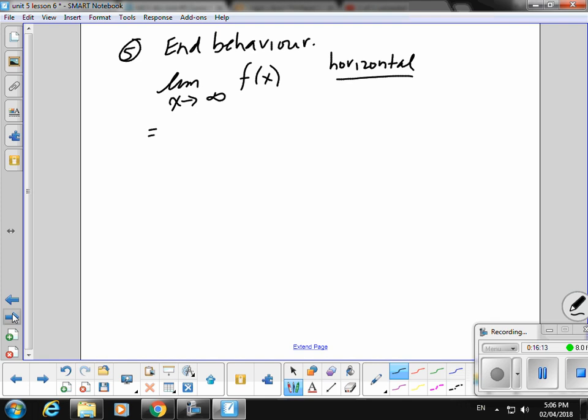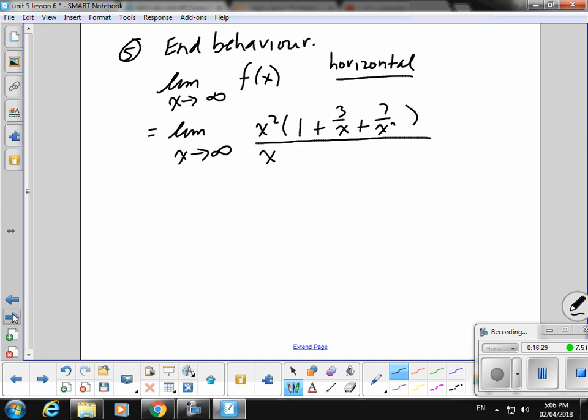Okay, the limit as x approaches infinity. I'm going to factor out the largest power of the variable, so x squared for the top, x for the bottom, 1 plus 3 over x, plus 7 over x squared for the bottom. If I factor out x, 2 over x, we know that those fractions over x approach 0 as x gets really, really large.